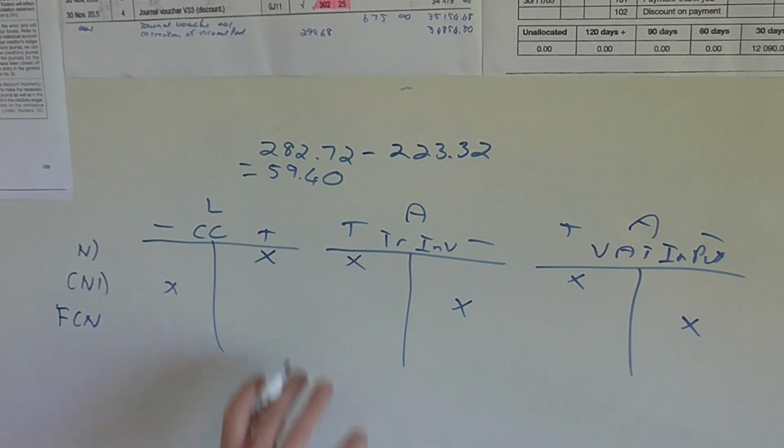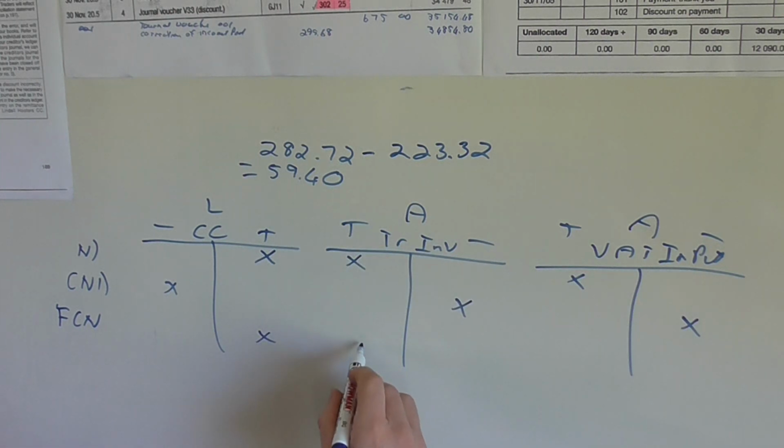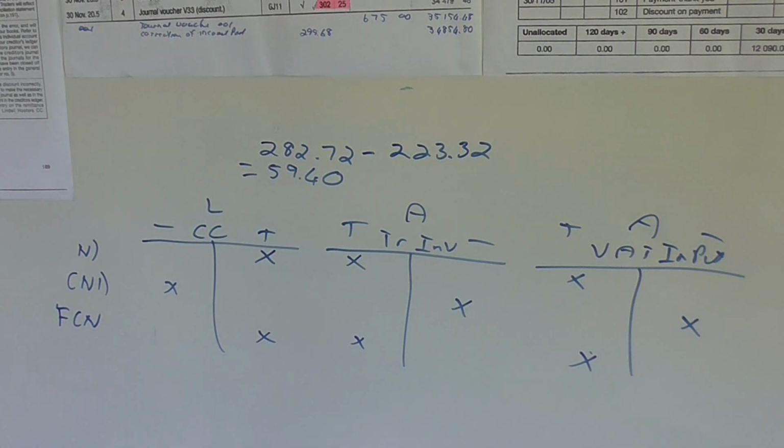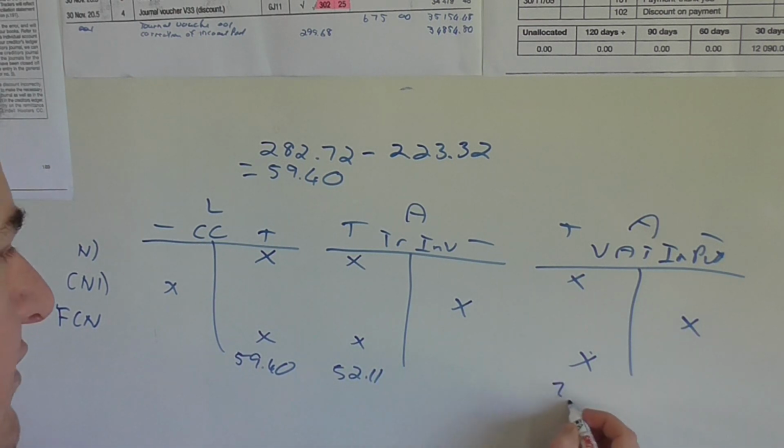So we will credit creditors control, debit trading inventory, and debit VAT input. I hope everybody is still with me. We need to fix that in the general ledger. So the 59.40 will be credited, the trading inventory will be 52.11, and then the VAT amount will be 7.29.